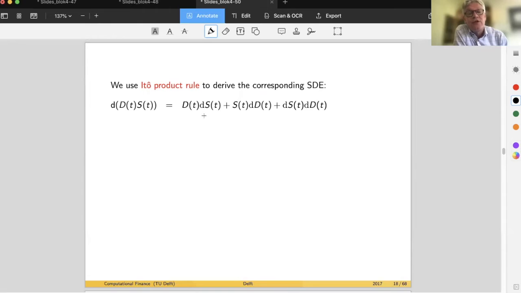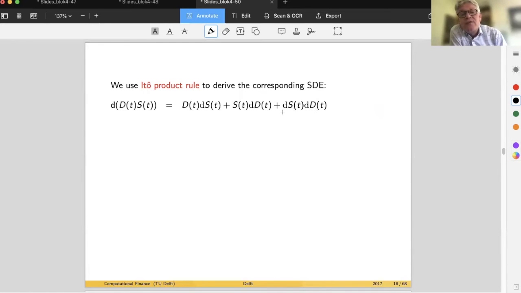That is first the classical product rule, D_t dS_t plus S_t dD_t, and then the change in S times the change in D. So the discounted change in stock price, the change in the discounting times the stock price, and then the change in stock price times the change in discounting.